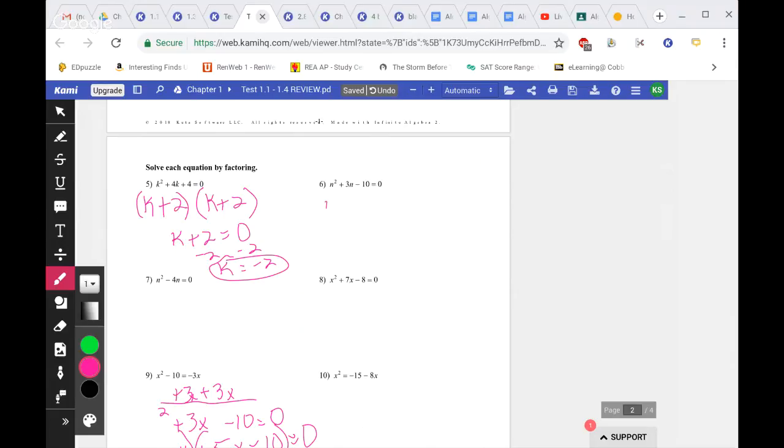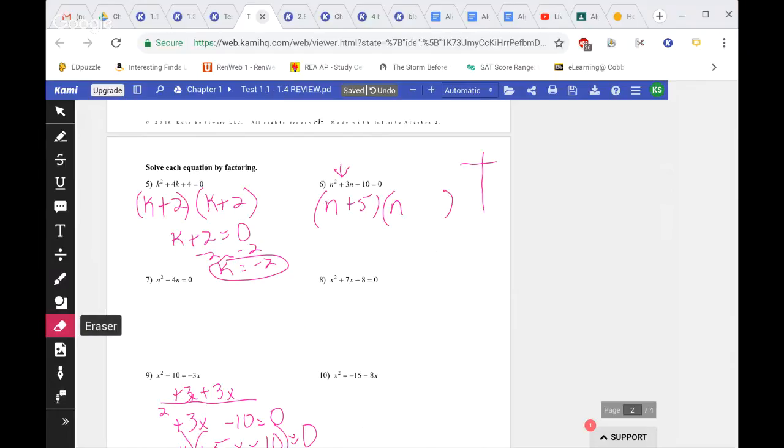And then 6, what two factors of -10 give you +3 when you add them and -10 when you multiply them? That tells you one's going to be positive, one's going to be negative, and the bigger one is going to be the positive one because this is positive. 2 and 5. Good. So +5 and a -2.